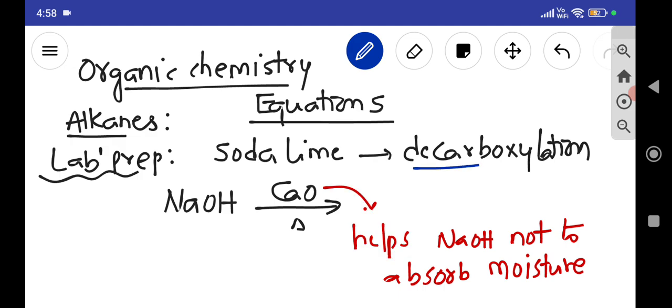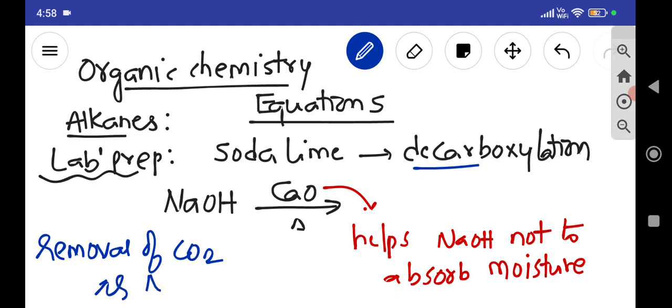Now what is meant by decarboxylation? D means removal. So removal of carbon dioxide in the form of Na2CO3 is known as decarboxylation reaction, and in that soda lime is the reagent.